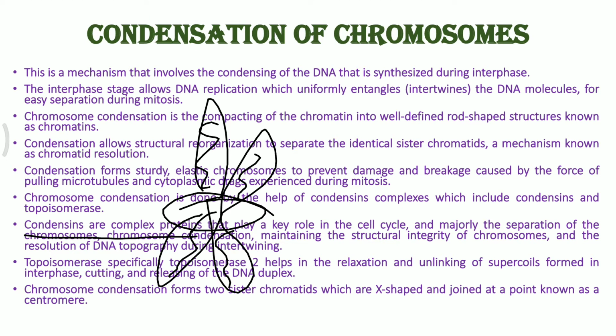This is the condensation time where the spindle fiber is also learning how to condense with the help of microtubules and tubulin structures, as well as the structure of the chromosome becoming very prominent.